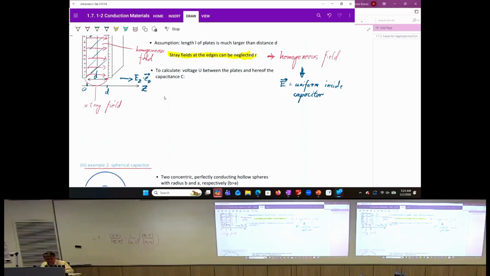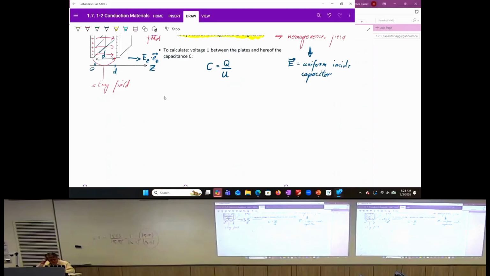So what we have to calculate is the voltage in dependence of the charge, and we know by definition this relation between the charge and voltage gives us a capacitance.